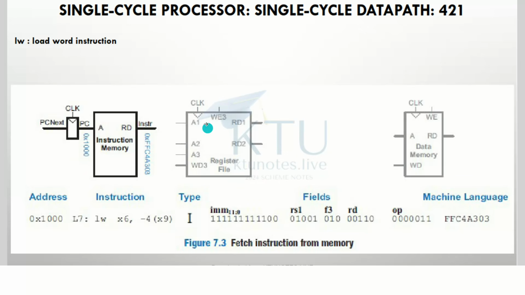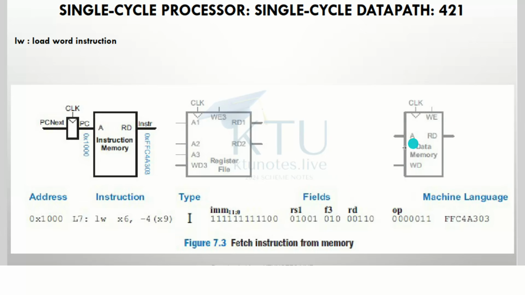Next is the register file. The register file has A1, A2, RD1, RD2 as the read ports, and A3, WD3 as the write ports. This is what the registers are doing. Then we have the data memory. Its read ports are A and RD. To read, an address is passed through A, and the data present at that address comes out through RD as the output.